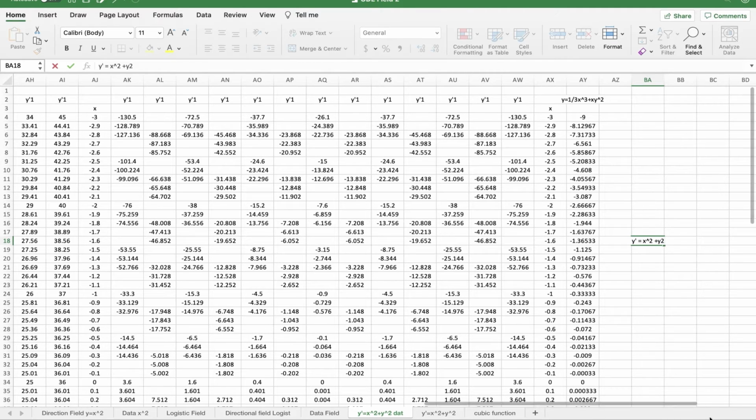And I'll try and magnify that a little bit. No, that doesn't work. I just have to enlarge the font. Come on, come on, come on.